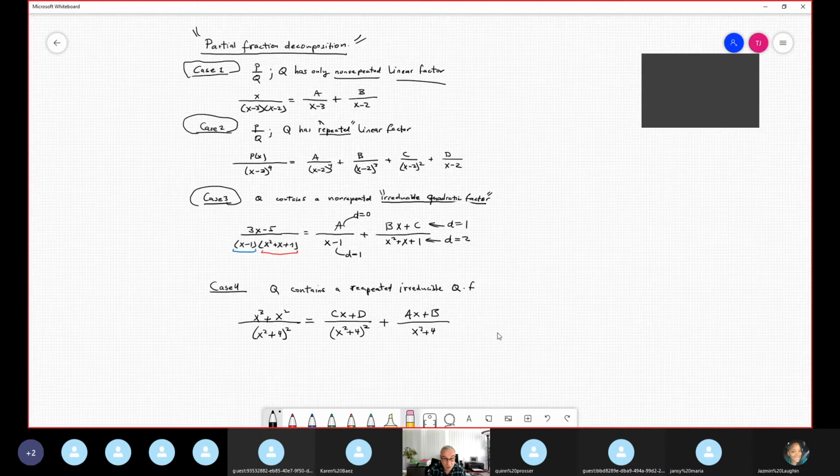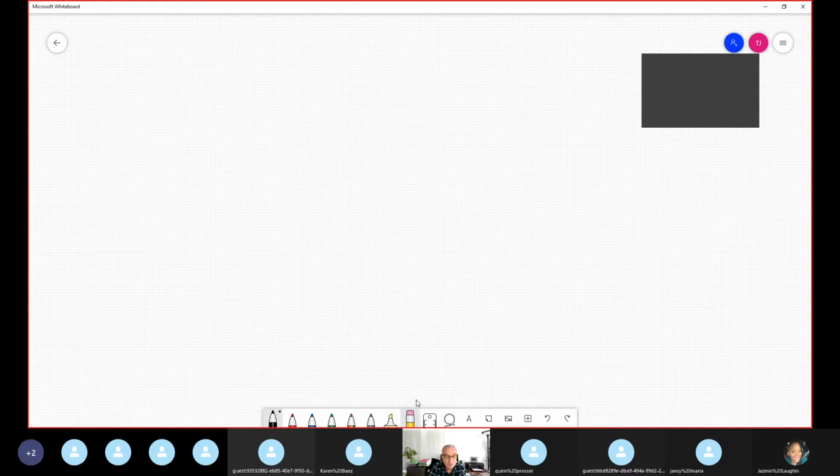It is a non-repeated irreducible quadratic factor. Remember, an irreducible quadratic factor is a factor that we cannot factorize like a linear, because the factorization is possible only in the imaginary complex. But we never work with the imaginary complex because it's too complicated. And case 4, you seldom see.